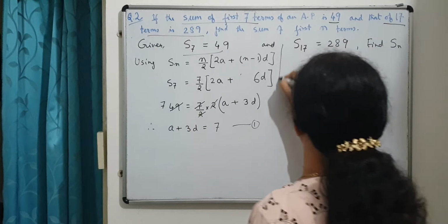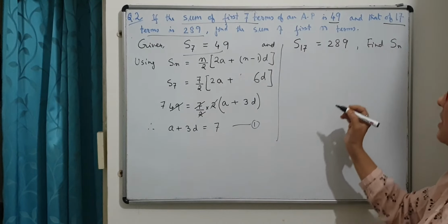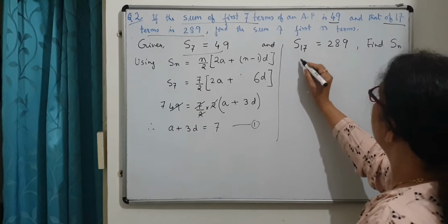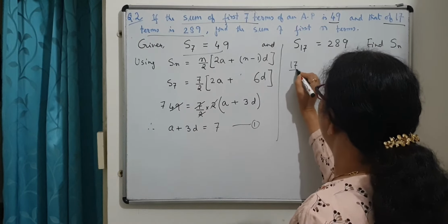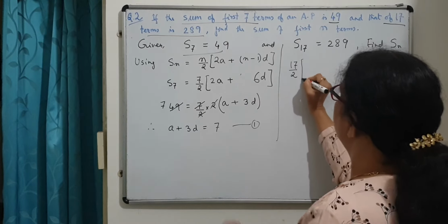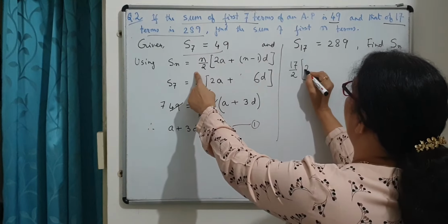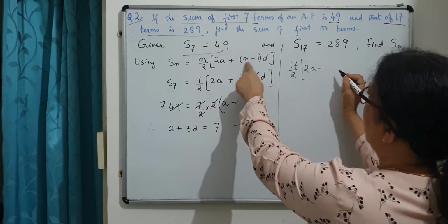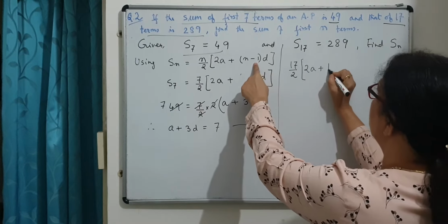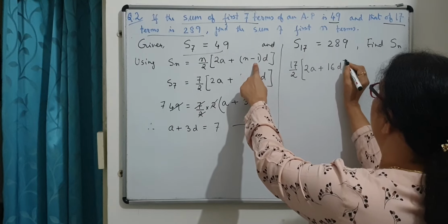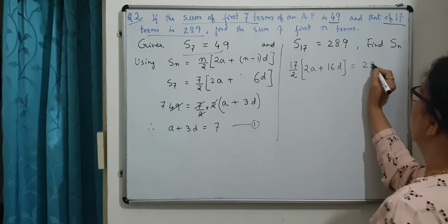Similarly, with the same process, S17 I can write as 17 by 2 times twice a plus n minus 1, 17 minus 1 is 16, d, which is 289.